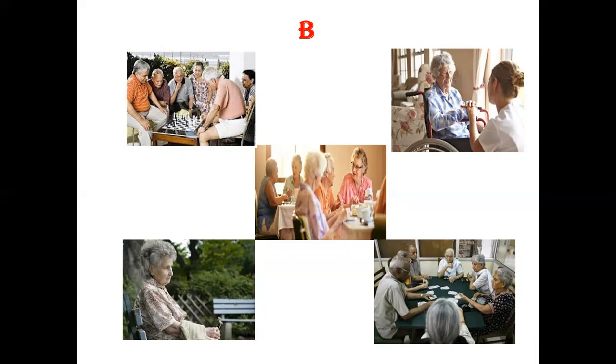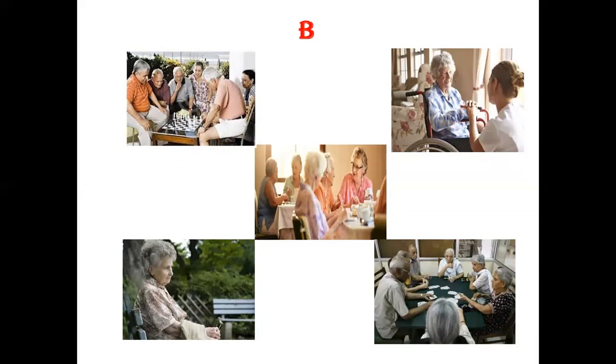I also want you to tell me how this set of pictures is different from the previous set. So these are 2 questions that I would ask you to think about. Right?